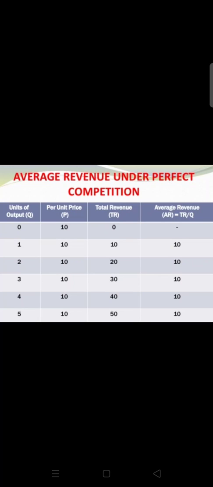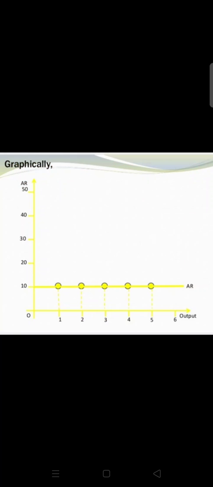So here what it is showing is that under perfect competition, price is equal to average revenue. The graph of average revenue will look somewhat like this, a horizontal straight line, that is, parallel to the x-axis. This is how average revenue is drawn in the graph.